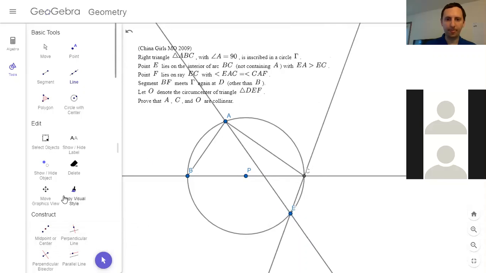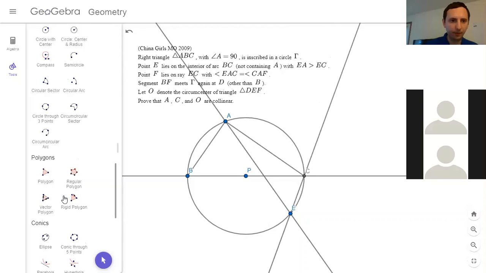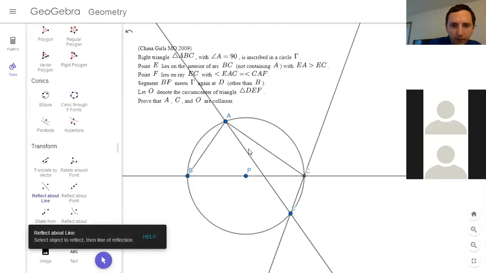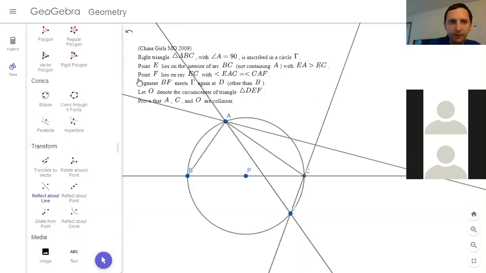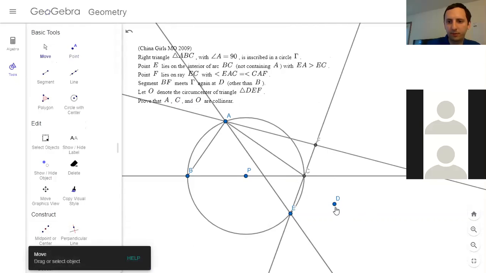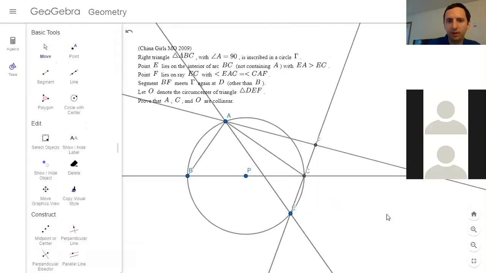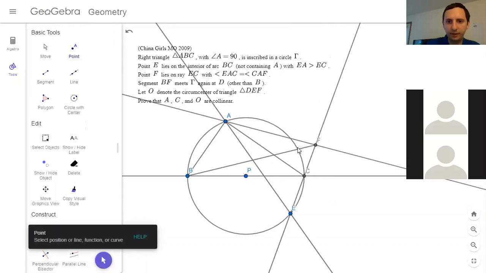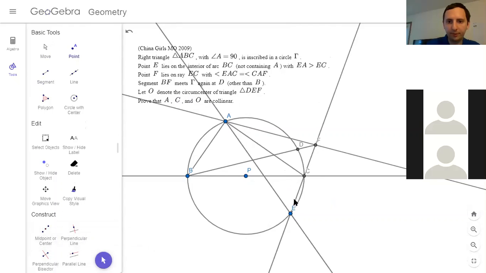Okay, so what I'm going to do, I'm going to reflect this about that. So this will be point F. And BF meets the circle again at D. This is point D. And we want O to be the circumcenter of BEF.